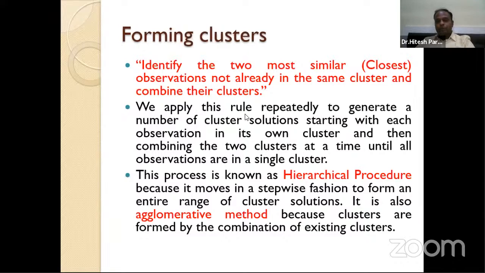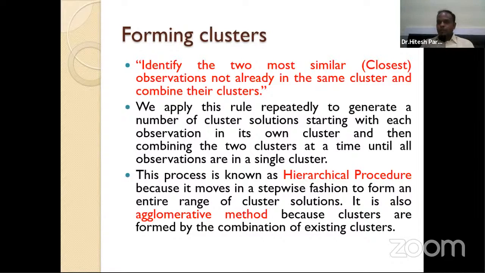We apply this rule repeatedly to generate a number of cluster solutions, starting with each observation in its own cluster, and then combining two clusters at a time until all observations are in a single cluster. So step by step, we will combine our observations, and at the last stage, all observations will be in one cluster.